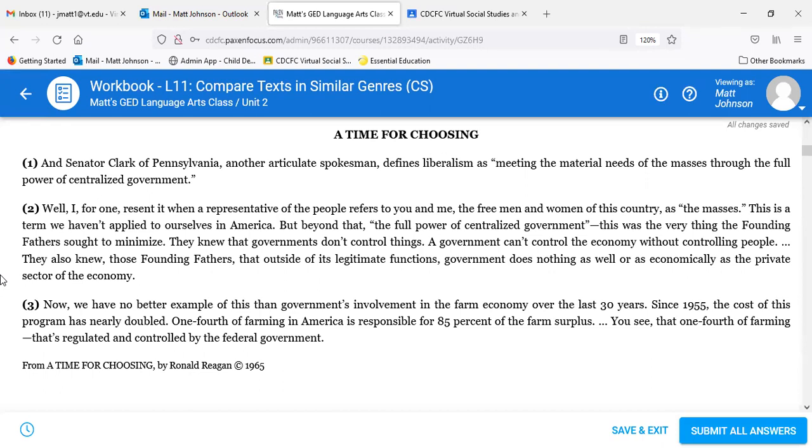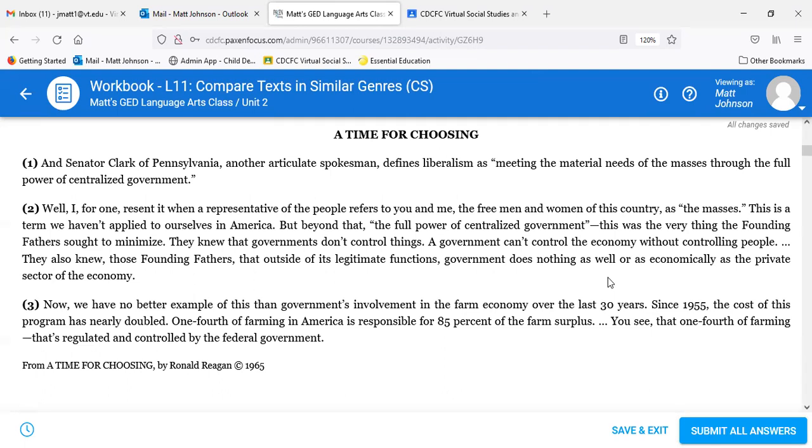Okay. A Time for Choosing. And Senator Clark of Pennsylvania, another articulate spokesman, defines liberalism as meeting the material needs of the masses through the full power of centralized government.